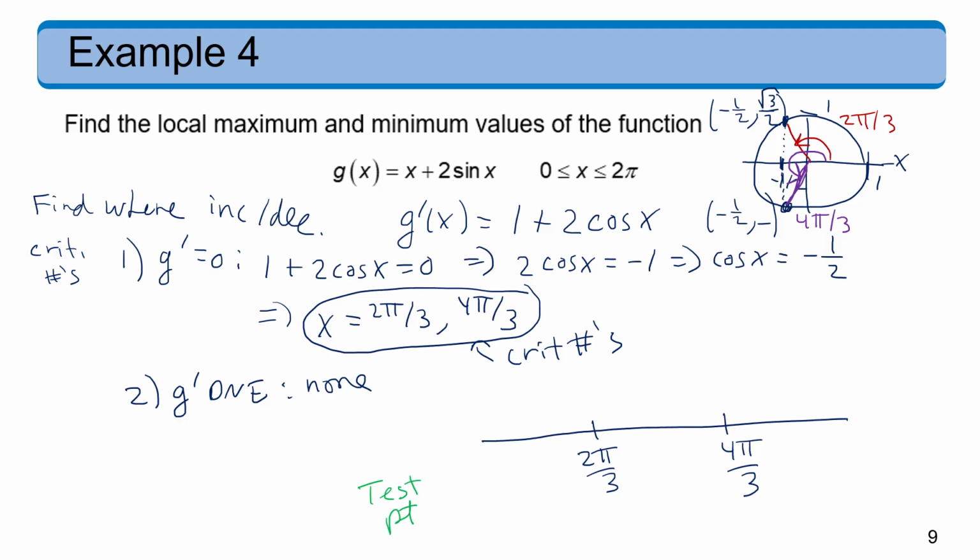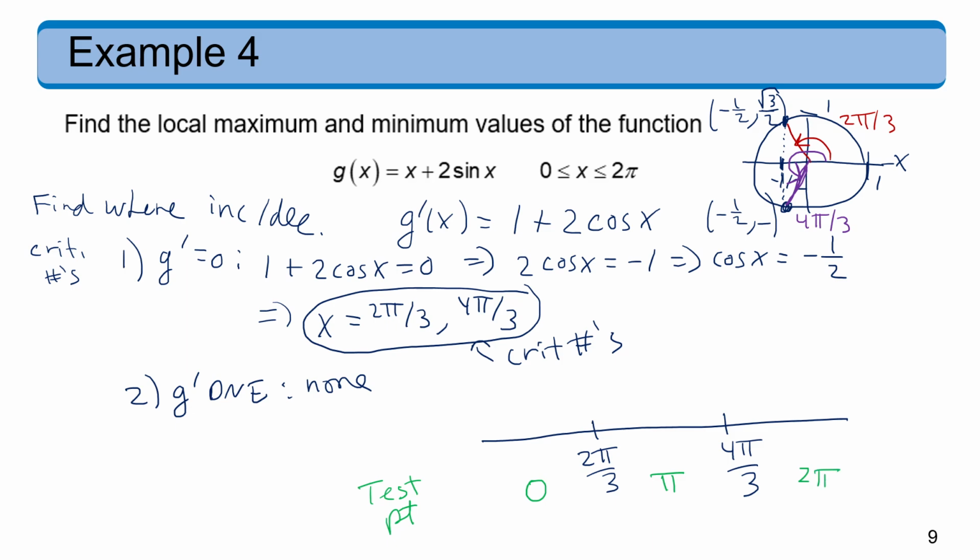So how about we choose 0 to the left. In the middle would be 3 pi thirds, which is the same as pi. That's a good test point there. And to the right, any number bigger than 4 pi over 3. We could go all the way to 2 pi if we wanted. I think that will be okay.